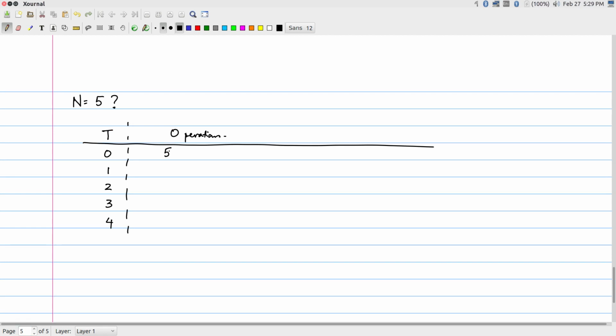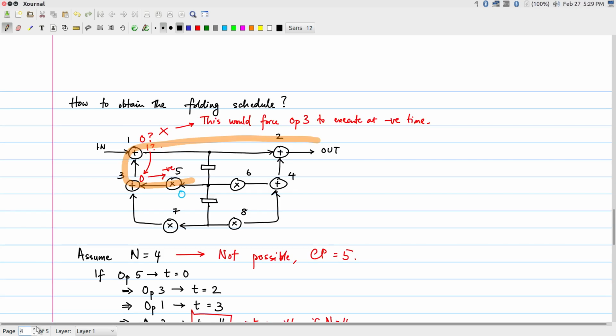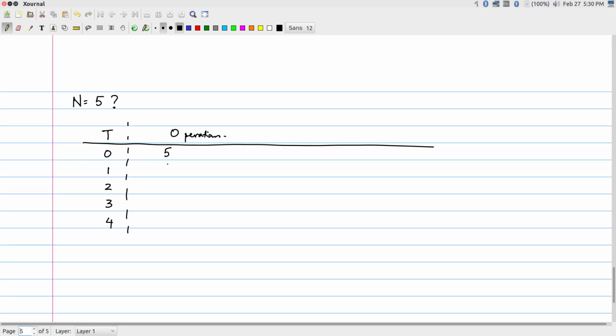That would imply operation 3 can be at time 2. I'm going to put an arrow between them to indicate that there is a dependency over here.